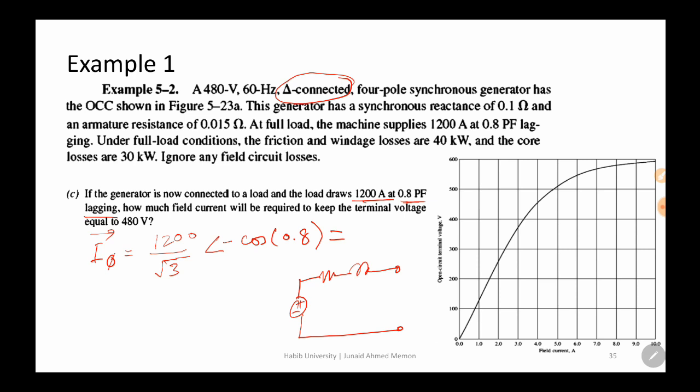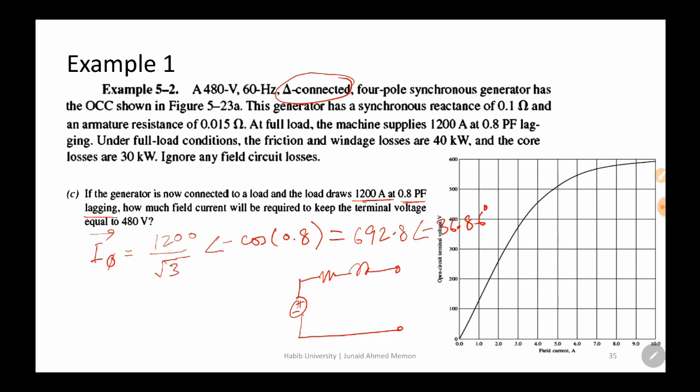So if you solve this you will get 1200 divided by √3, which is 692.8, and the angle is minus cosine inverse of 0.8, which gives you 36.86 degrees.